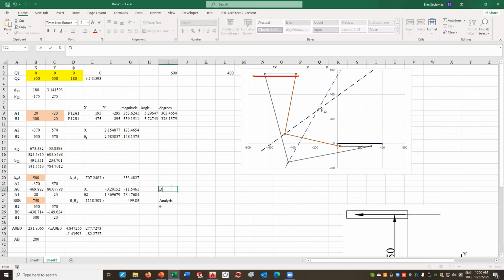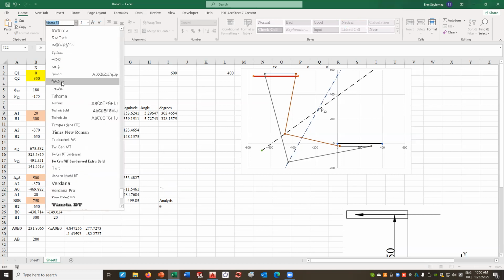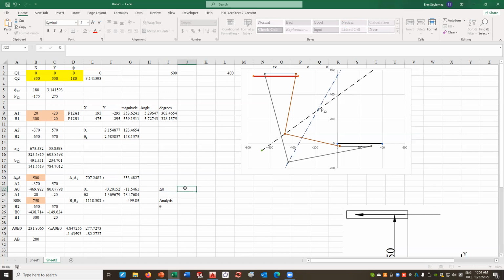First, I will say d theta, the amount of angular rotation, is equal to this angle minus this angle. Then I'll divide this by 90 degrees.